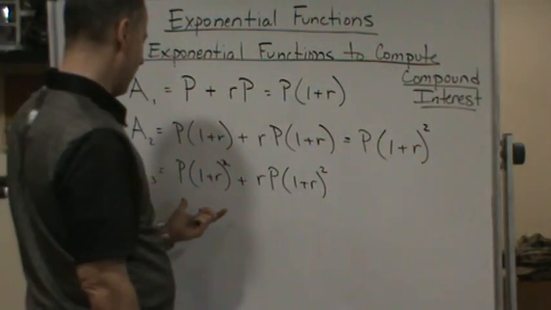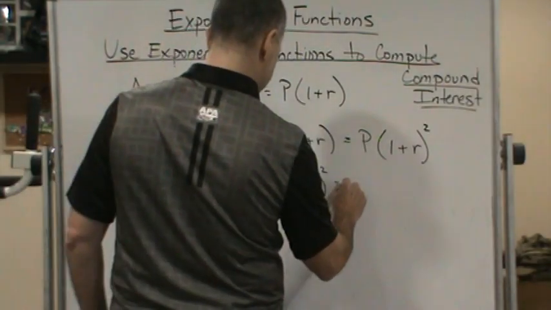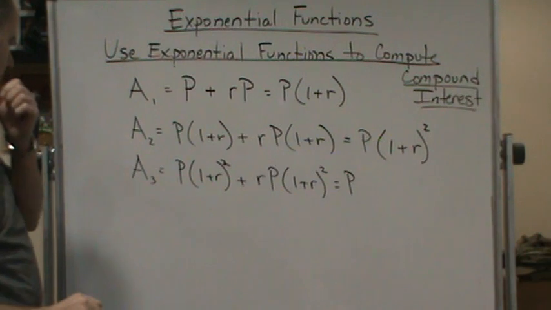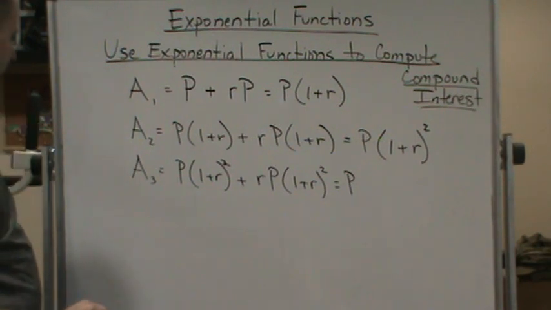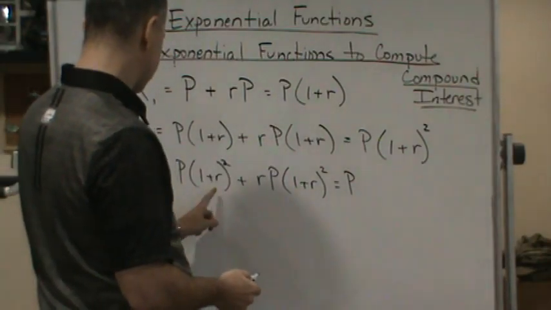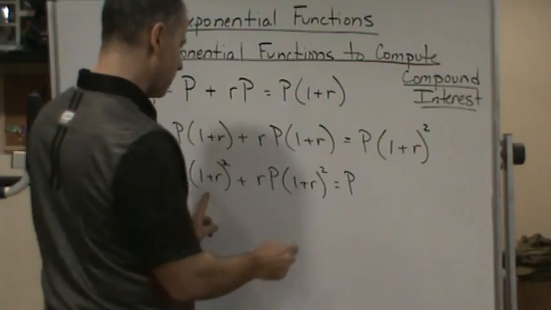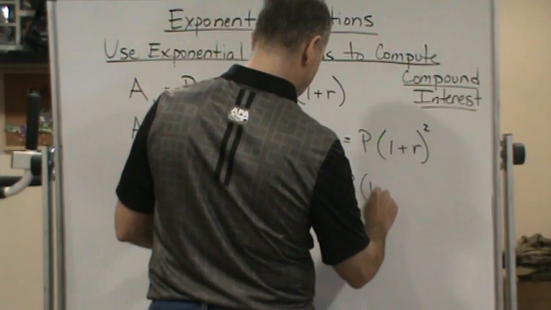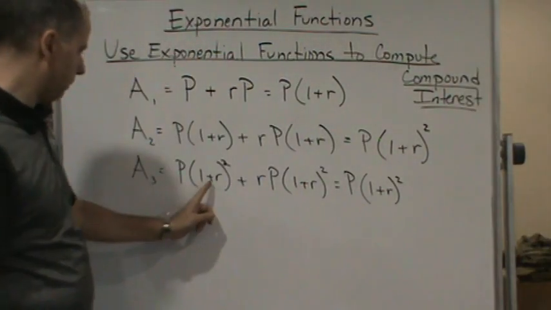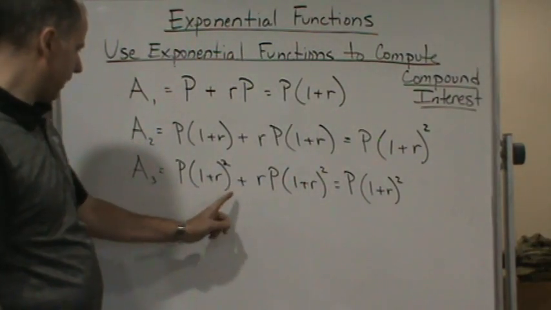So now again, I'm going to factor out the P. And in this case, I'm going to factor out the 1 plus R squared too. So I factored out the 1 plus R squared, and look what that gives me.